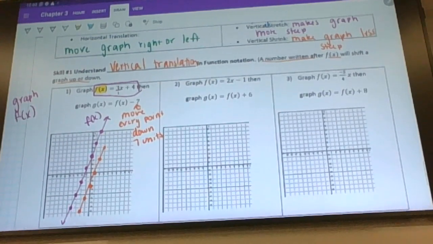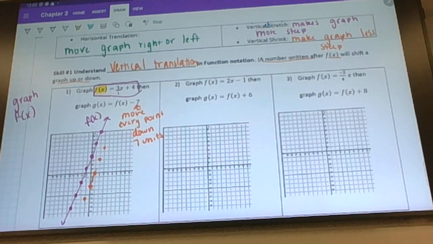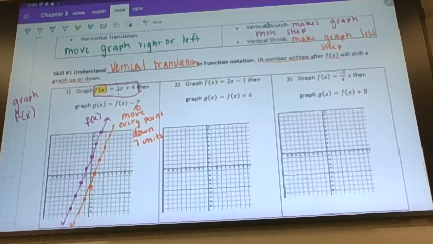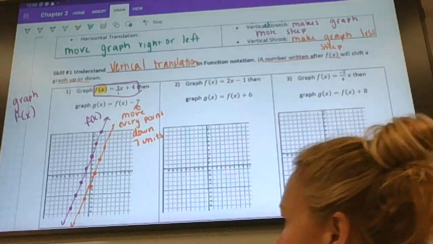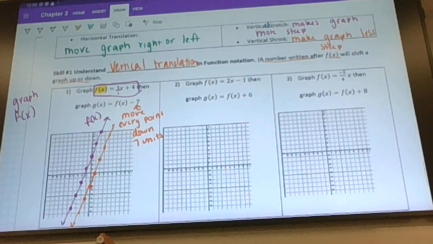This doesn't look like 7, but it is. Gosh, it doesn't look 7 down, does it? Just because it's so small. You guys don't really have room for this on your paper.